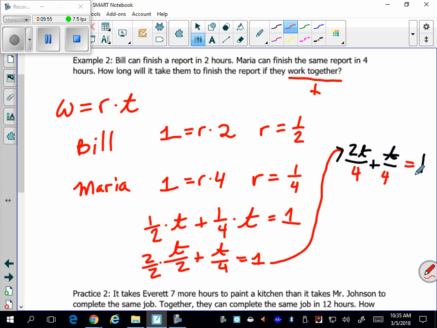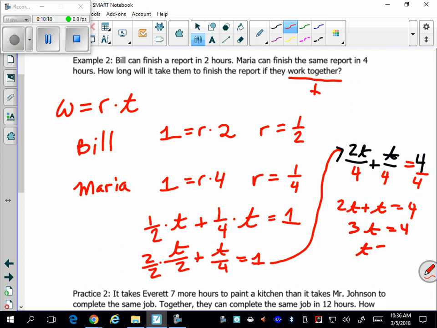So what we have to do, we multiply this side by 4. So you have 4 over 4. So you have all like denominators. So we should have now 2t plus t equals 4. Adding 2t plus t is 3t. Divide by 3, you get t equals 4/3.